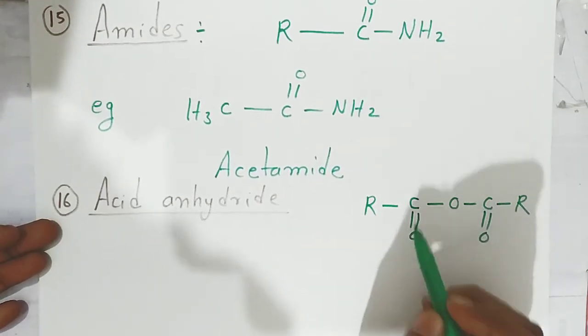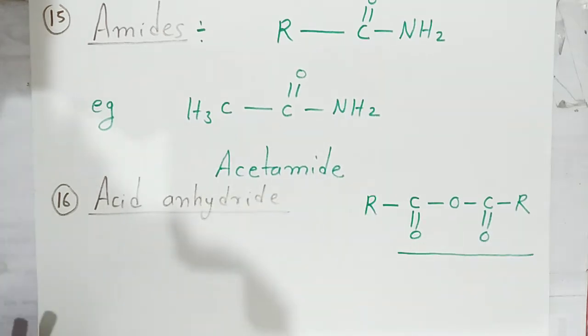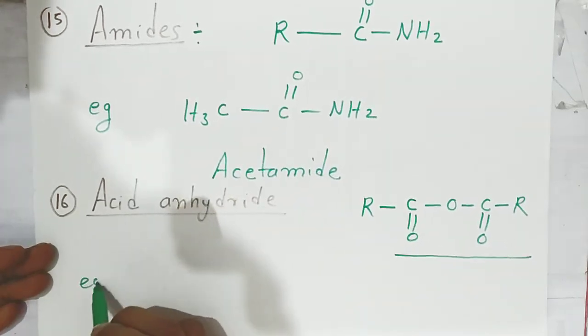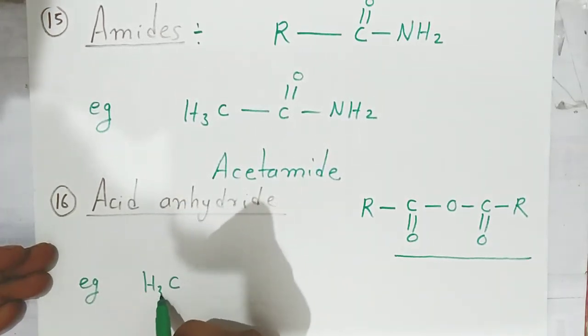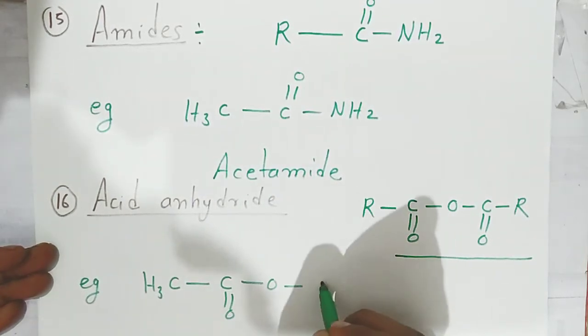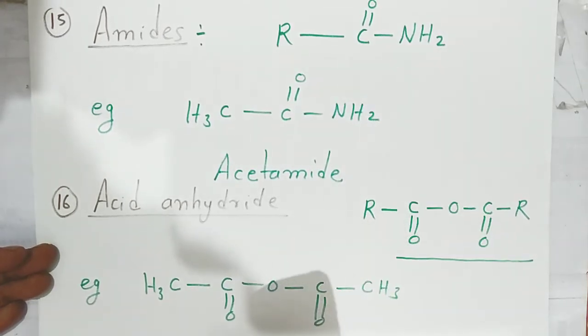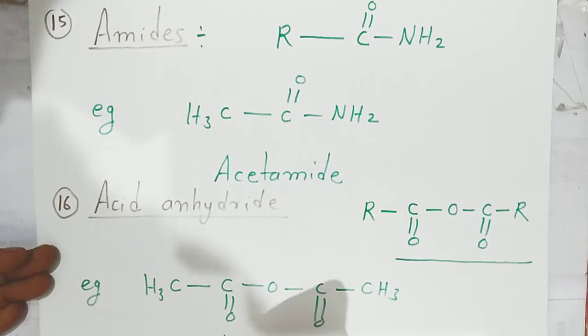When hydrogen of the alkanes you are replacing with the anhydride group, we call it acid anhydride. Example, students, you have a very famous example. This is the methane. Now hydrogen of this methane we are replacing with the anhydride group, two carbonyls attached to the oxygen. This side I am also putting a methyl group. This is called acetic anhydride.